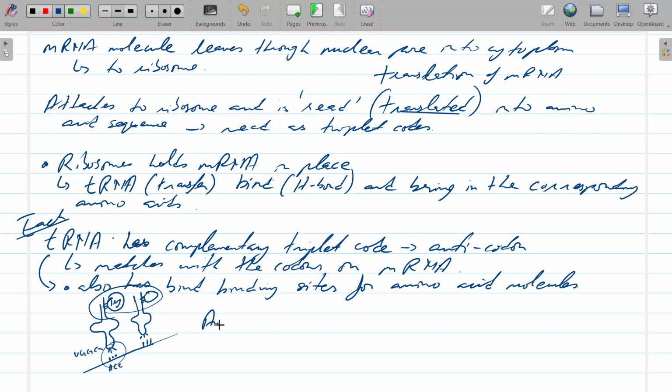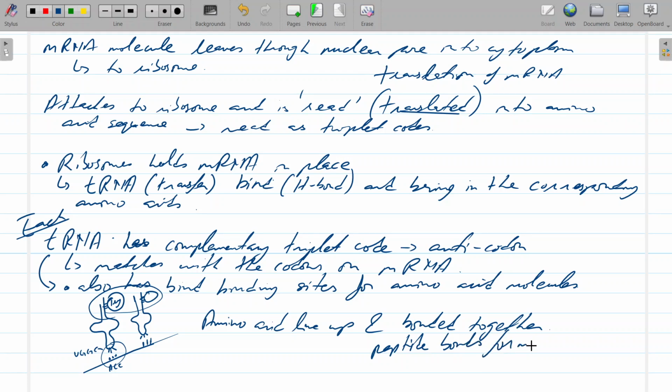So amino acids line up and bond together by whatever enzyme, right? They haven't mentioned it, I'm not going into it. And so that is the process of translation. The peptide bonds are formed. Is that clear?